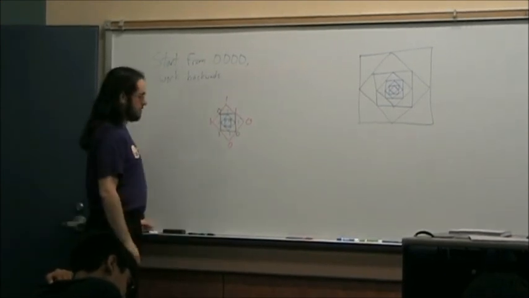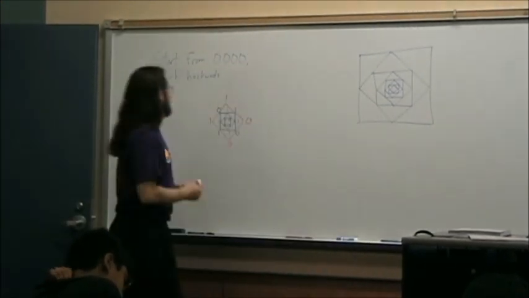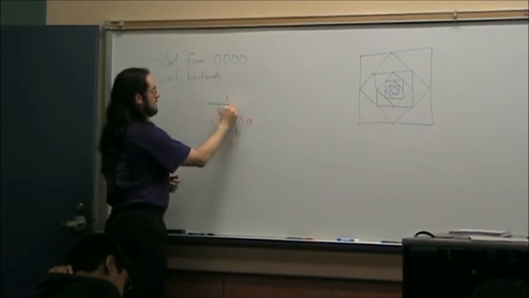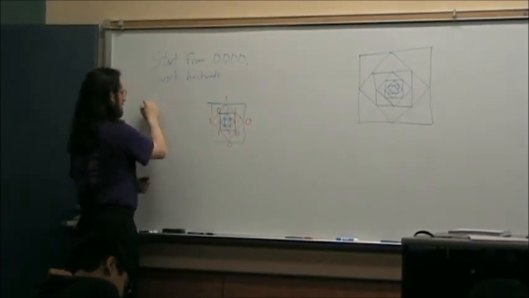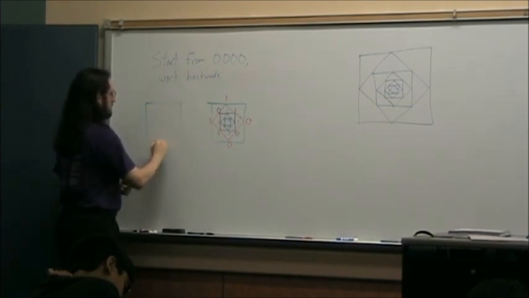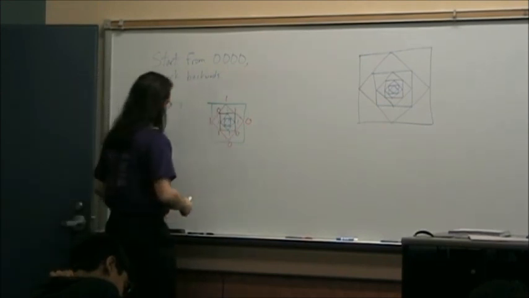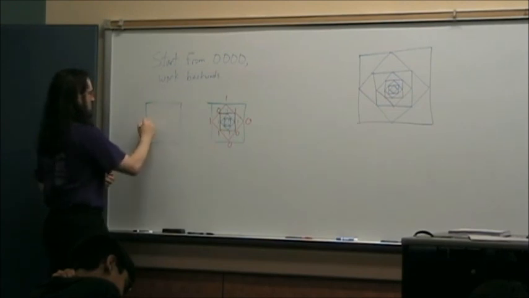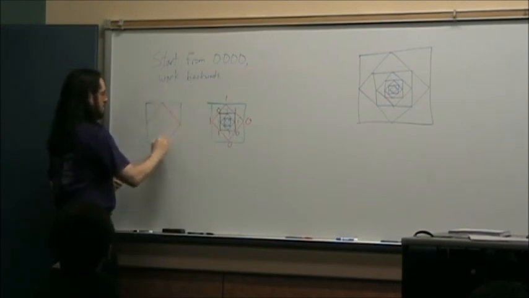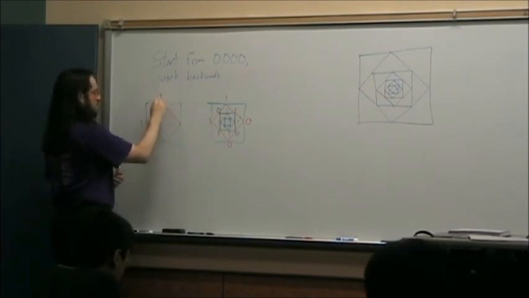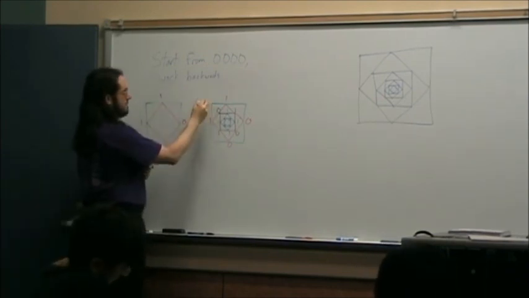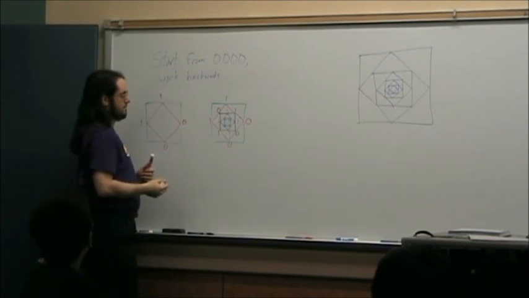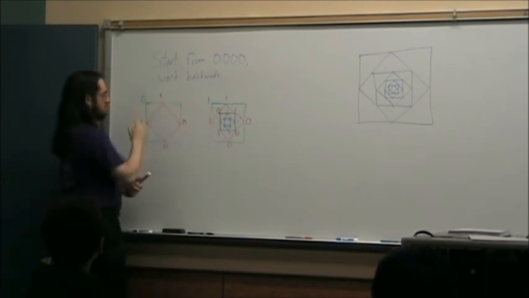Okay, so what comes before 1, 1, 0, 0, if anything? Let's start in the top left. So this is 1, 1, 0, 0. What could be up here in the top left corner? It could be a 1, or it could be a 0. Right?